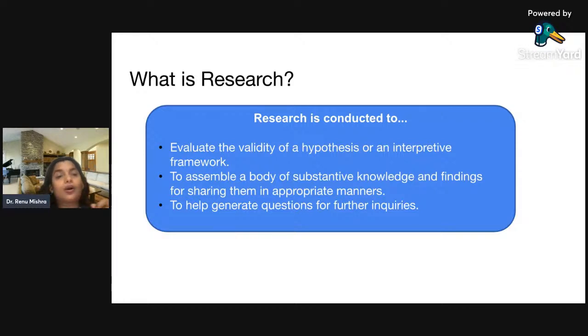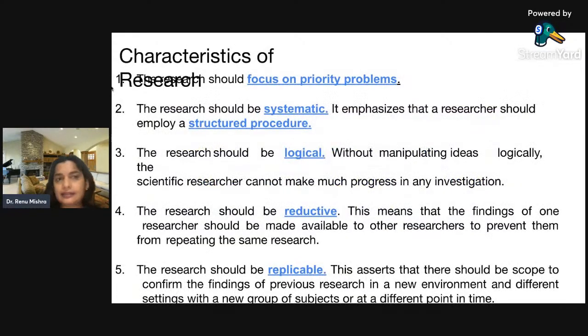Okay, now coming further, what are the characteristics of research? Now it's very simple, and just not following the theoretical way. Research firstly has to be a very systematic process. Now that systematic process, I can't say that you follow these steps.